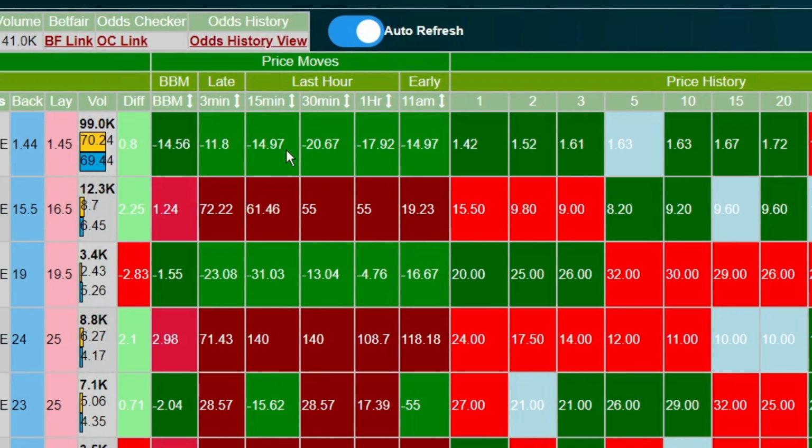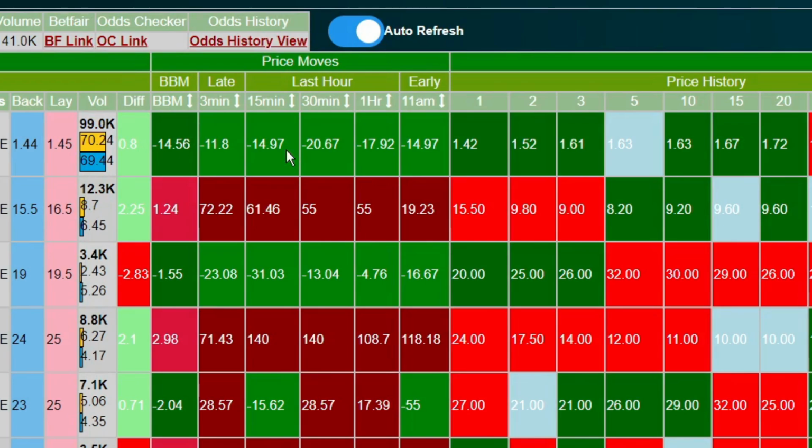So now we come to our final column, BBM, which is situated between difference and the 3-minute late column. BBM is the best book move in percentage. A low-odds horse will take up more of the book, so we'll always have the biggest book moves.